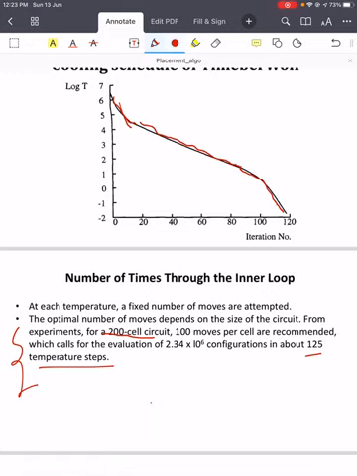Just like your alpha, your initial temperature and your final temperature, this is also a hyperparameter, and you have to tune it experimentally based on your designs.